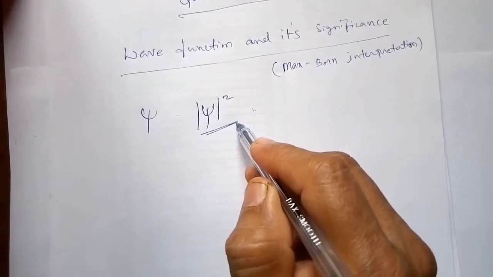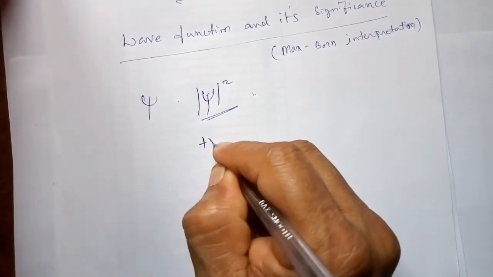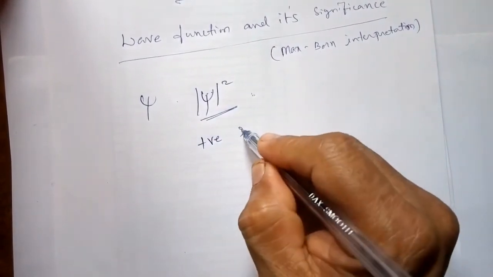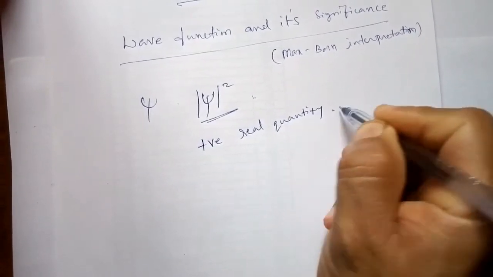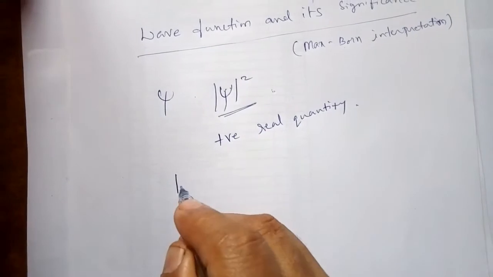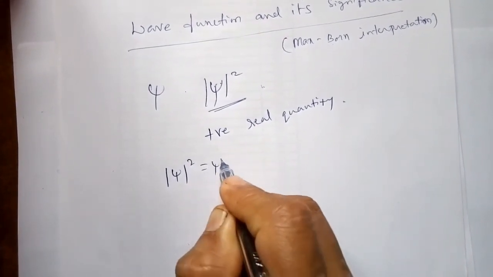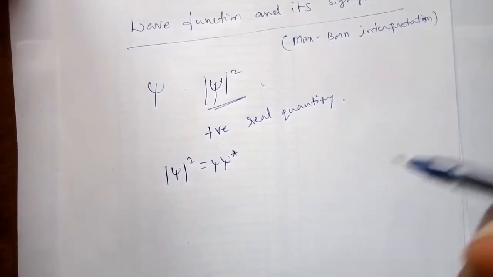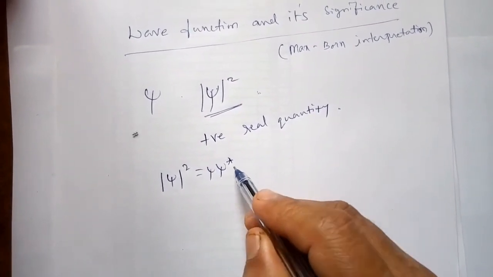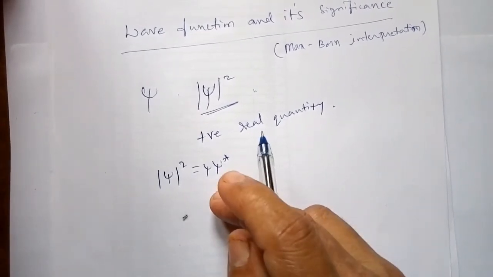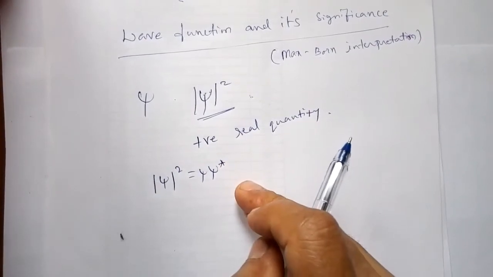A probability, however, must be a positive and real quantity. So modulus of psi square is equal to psi star psi, where psi star is nothing but the complex conjugate of psi.